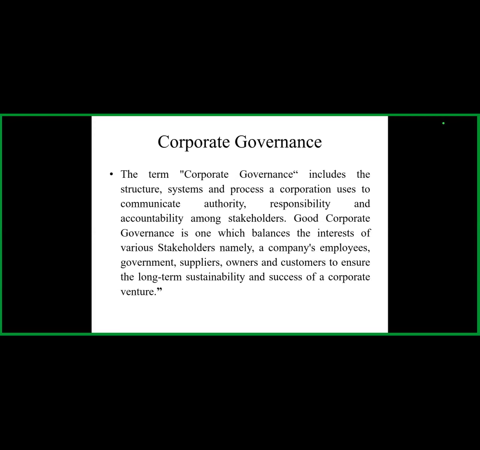Why is this structure essential? To communicate authority: who is the person who holds the key authority. It can be the general manager, managing director, or CEO of the organization. Then the next person, the person below him, who will be the person below that person?